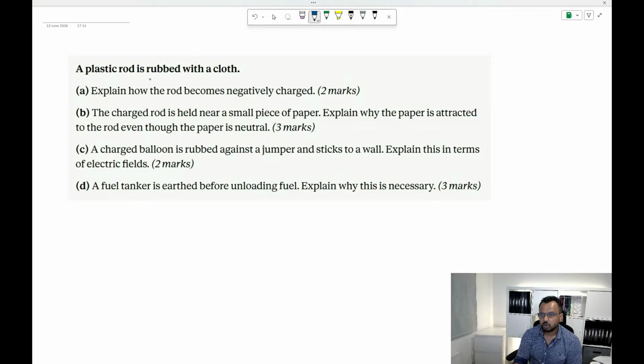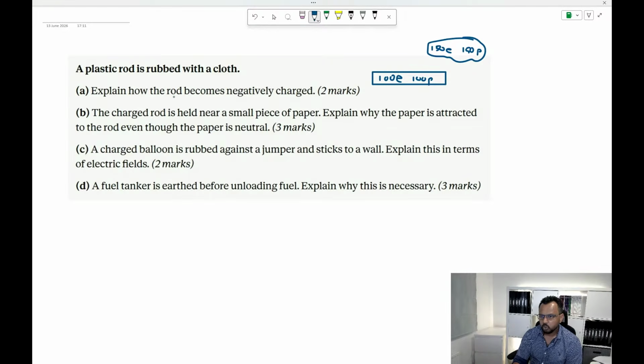A plastic rod is rubbed with a cloth. Explain how the rod becomes negatively charged. Now, guys, initially, you have the same number of protons and electrons in both. The numbers aren't realistic. Let's say you have 100 electrons and 100 protons, and 150 electrons and 150 protons. The real numbers are way bigger than this, but let's just say.